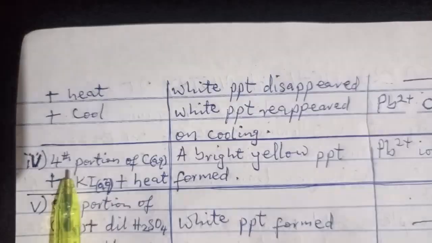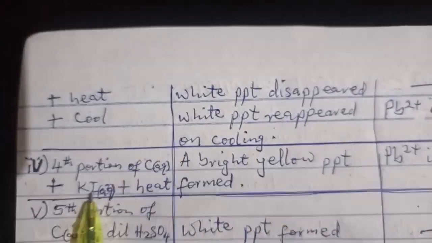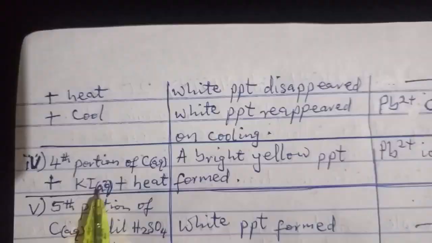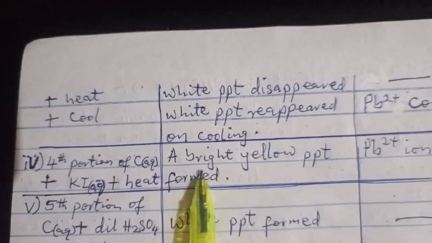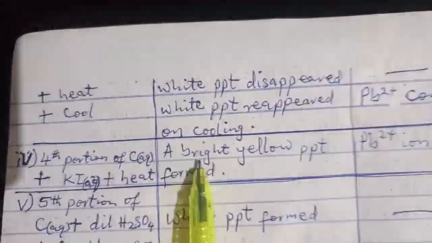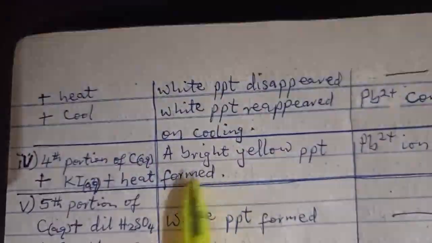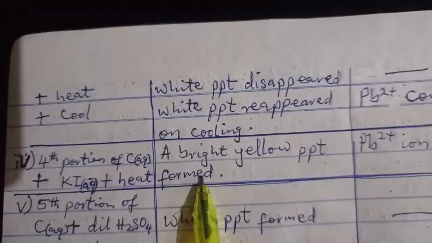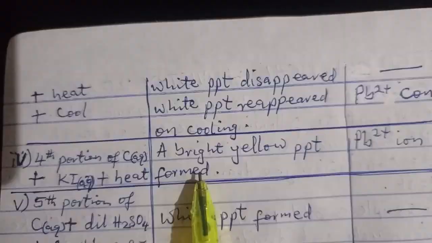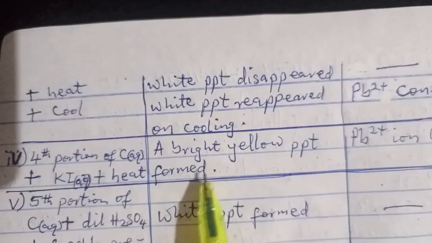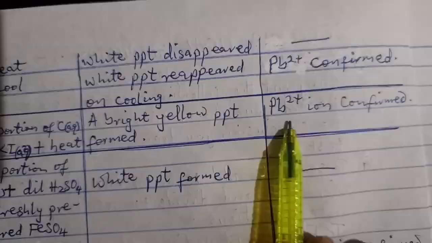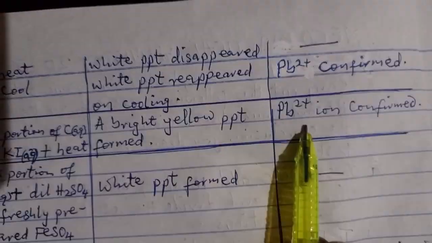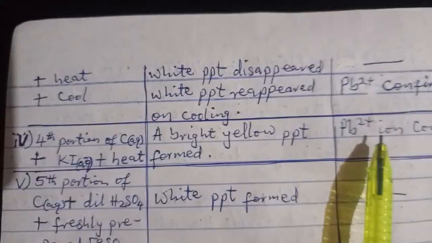You will see that when you add aqueous KI and you heat it, a bright yellow PPT will get formed, and that indicates the presence of Pb2+. So you tell them that.